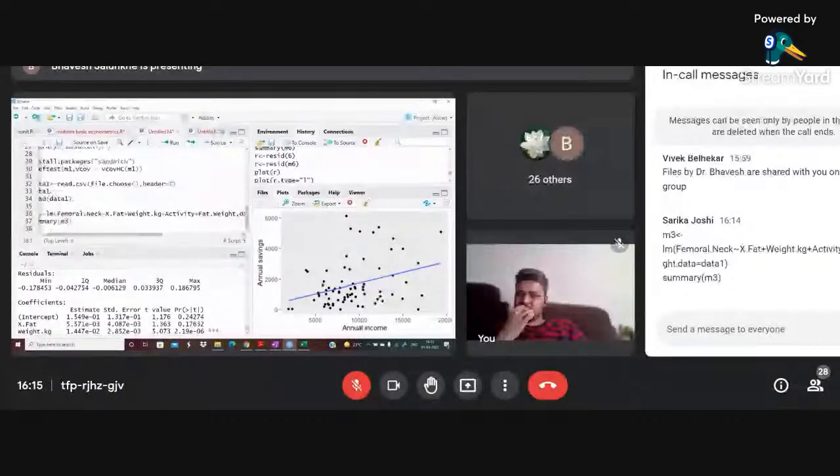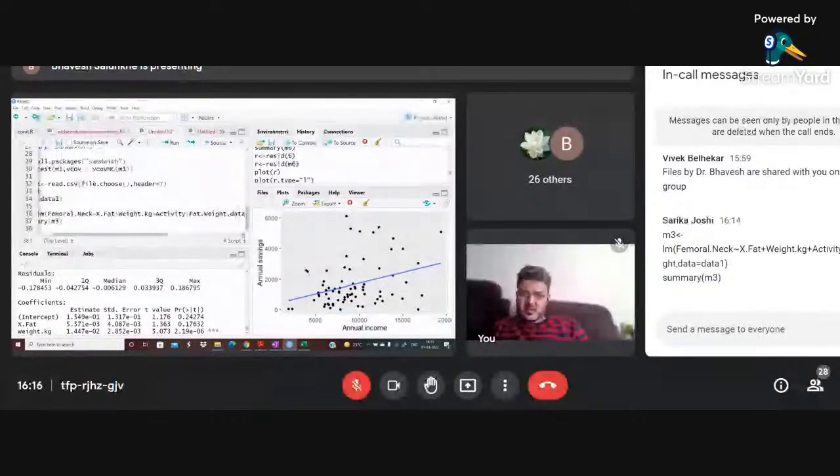Now we have 4 variables: activity, weight, fat, and the interaction. In fact, your x1 variable, say for example weight, is actually correlated with a number of things like activity and fat.